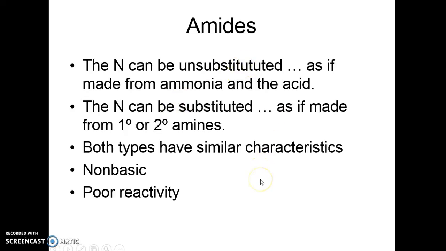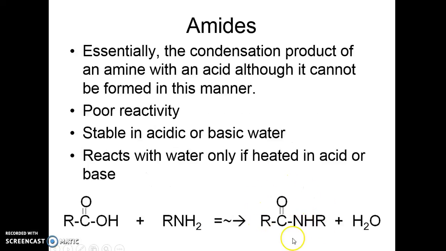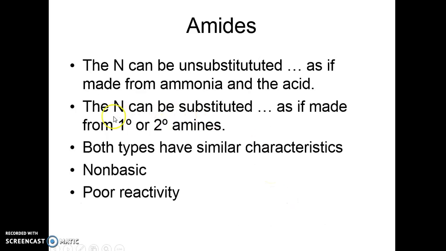Now, the nitrogen in an amide can be unsubstituted. What does this mean? This amide right here can have just hydrogens on it. So the alkyl group here would be gone. That's an unsubstituted amide. But the nitrogen can be substituted.